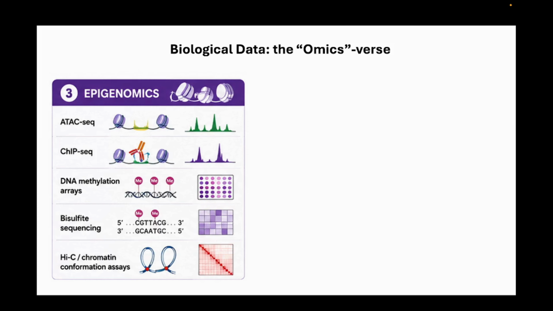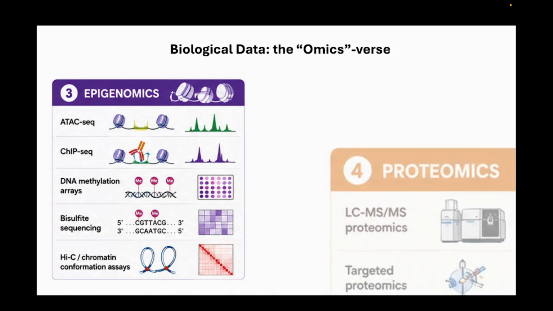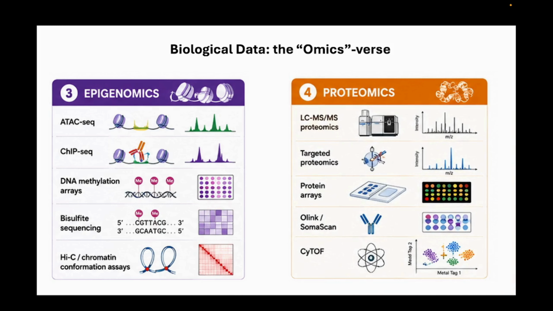For example, a neuron and a liver cell contain largely the same genome, but they use that genome in very different ways. Next comes proteomics. So genes can be transcribed into RNA, and many of those RNA molecules are then used to produce proteins.